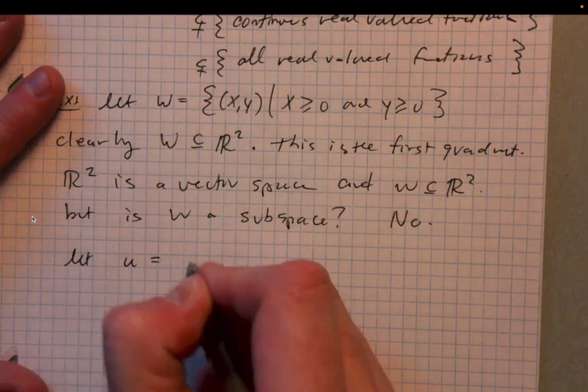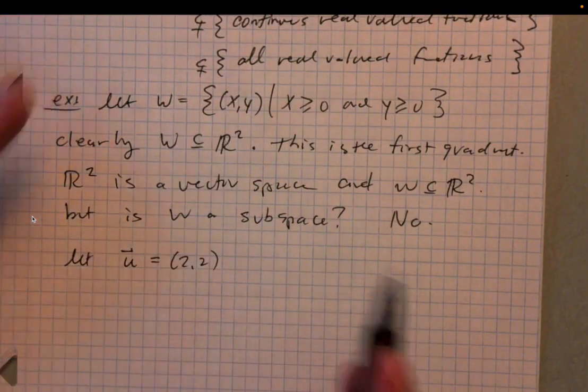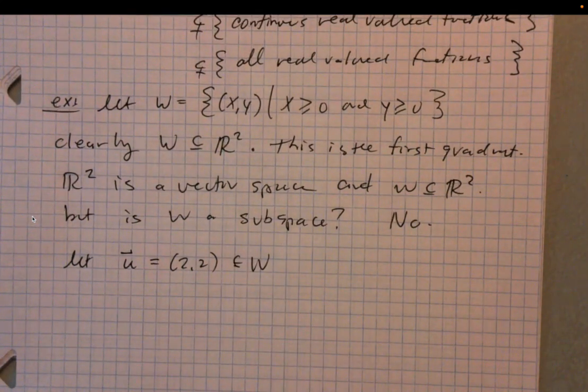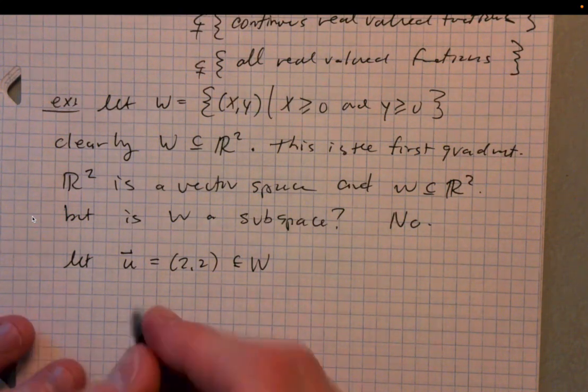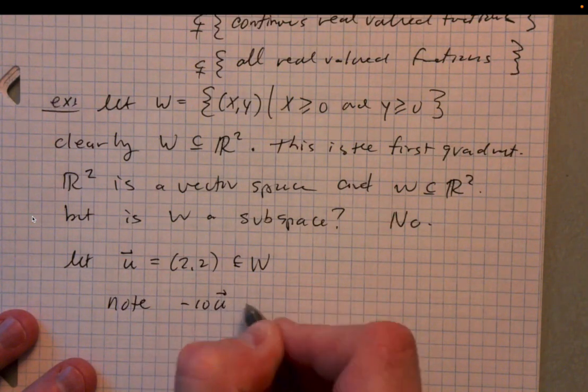Let u equal (2, 2), which is obviously in W. Now notice if I take any negative scalar, say negative 10 times u, what is that?